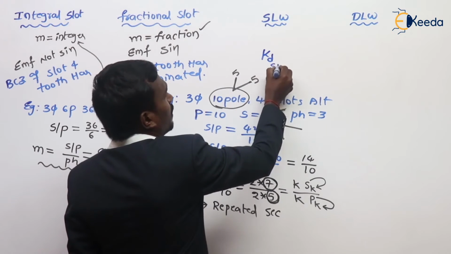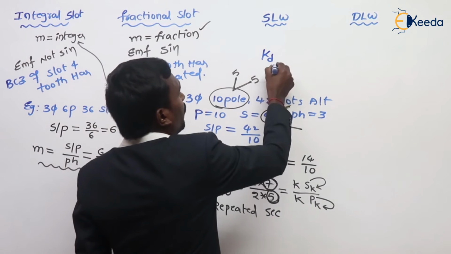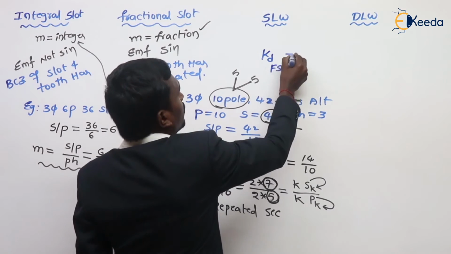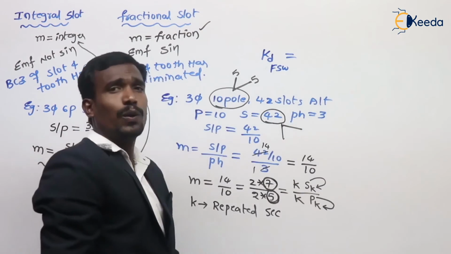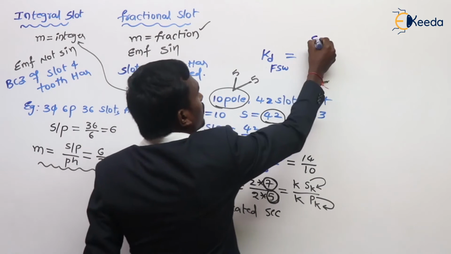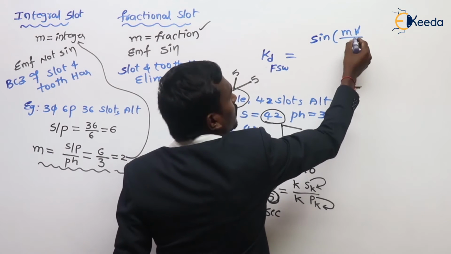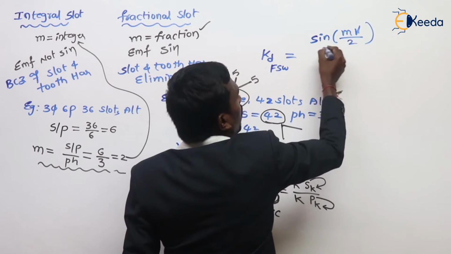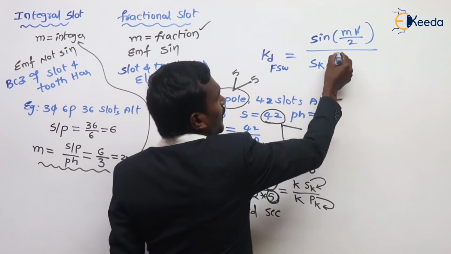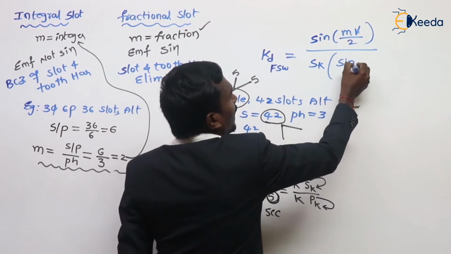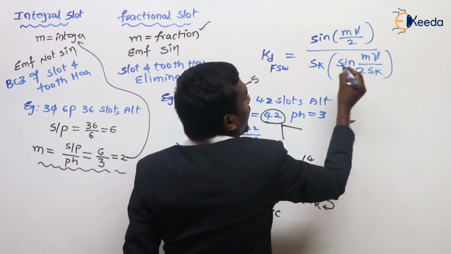The distribution factor for fractional slot winding is equal to sine(m gamma by 2) upon (sk into sine(m gamma by 2 sk)).